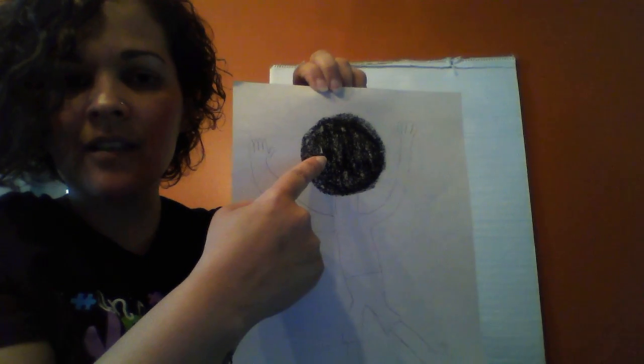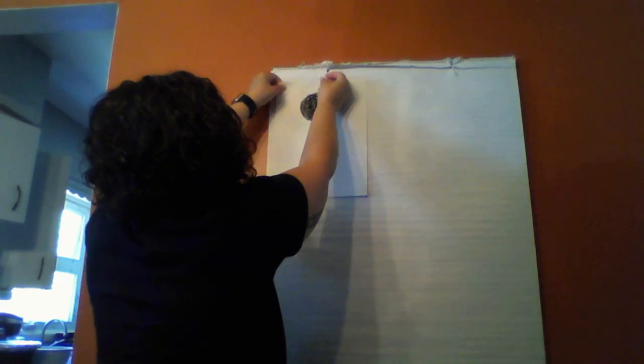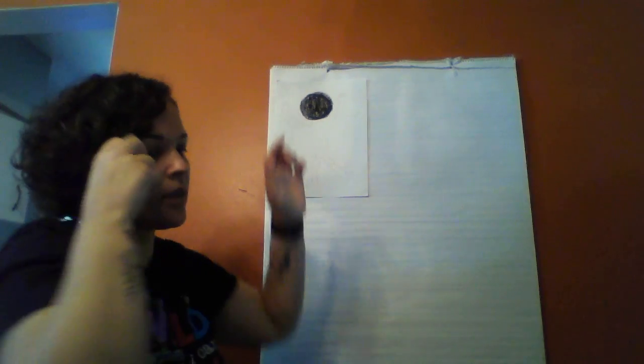Did I color in his face? No. He's swimming with his face down, right? Like if he was doing something like this. So I wanted to show you this one because it was a good way to show you a different way for them to paint.